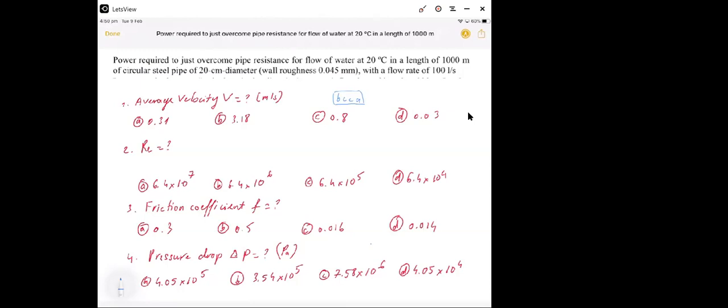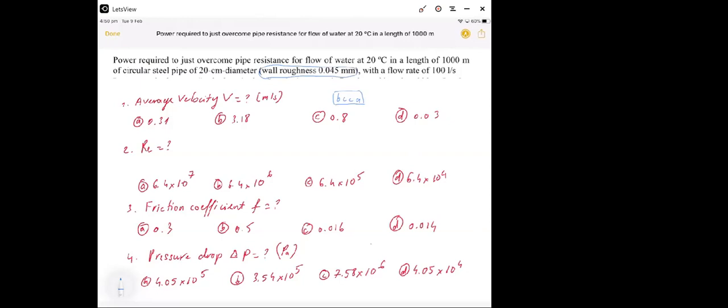Now you don't have to worry about the material. Consider the material because we have the word roundness here. It's mentioned in the question already. Roundness is 0.045 millimeter.